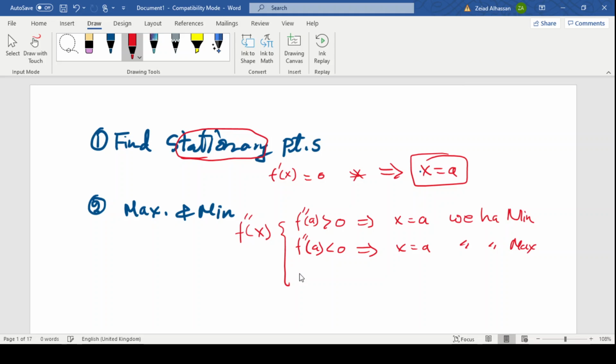And if the second differentiation at this point a is equal to 0, we have an inflection point, meaning it's neither maximum nor minimum. So this is our test to justify whether it is maximum or minimum, and we will show this with the coming example.